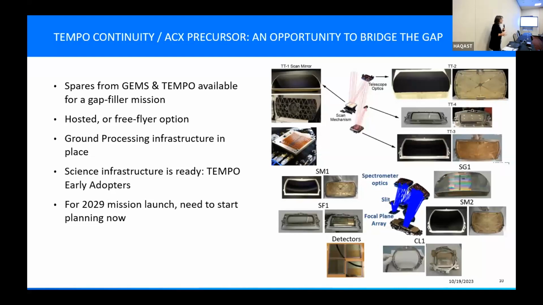Of course, there's always the question of funding. I think funding and money is a big challenge for making these types of measurements happen. But just something to note, giving a shout out to Aaron and the early adopters: this community is so ready to go for these data. We don't want any gaps for these critical measurements.